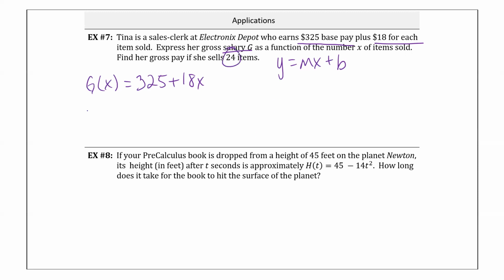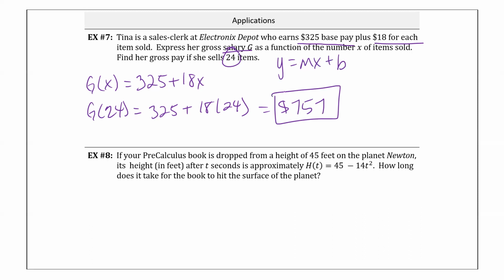And then it says, what are your 24 items? So G of 24 equals 325 plus 18 times 24. So what is her salary? $757. Doesn't matter what order you wrote it in. I would like that. That's fine. 2 plus 3 and 3 plus 2 is the same thing.